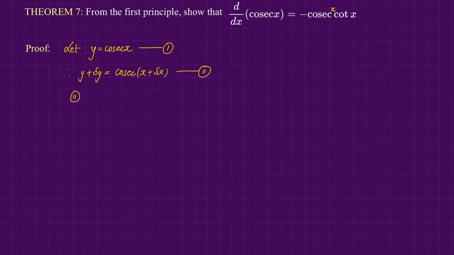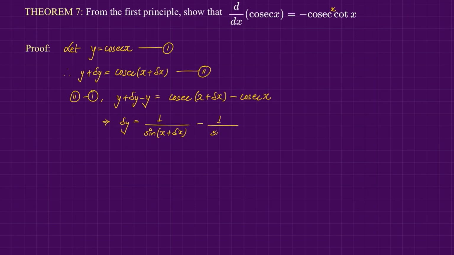So subtracting 1 from 2, you will get y plus delta y minus y equals to cosec of x plus delta x minus cosec x. So here we will have delta y equals to, see, cosec is the inverse of sine, so I can write 1 by sine of x plus delta x minus 1 by sine of x.